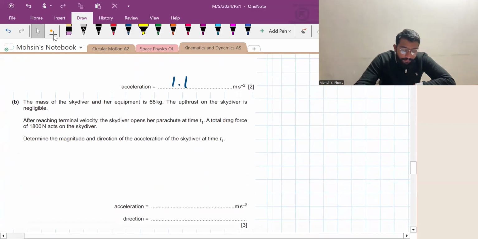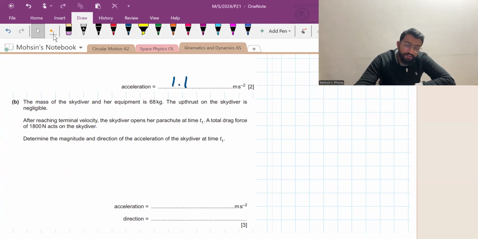Now, the mass of the skydiver and her equipment is 68 kilograms. The upthrust on the skydiver is negligible. After reaching terminal velocity, the skydiver opens her parachute at time t1. A total drag force of 1800 Newton acts on the skydiver. Determine the magnitude and direction of the acceleration of the skydiver at time t1.